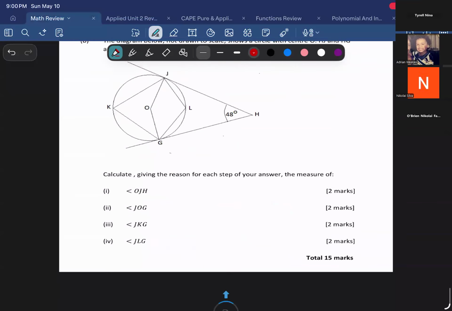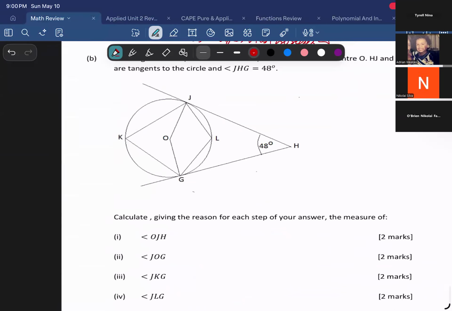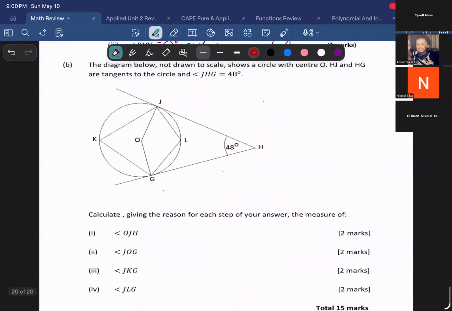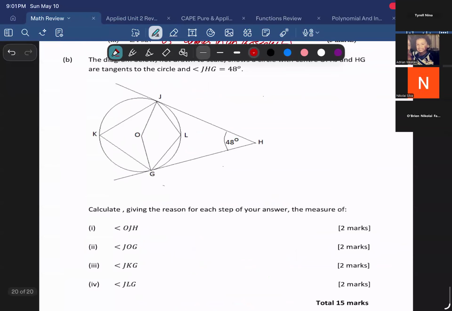So those who are looking to do applied maths in Form 6, that's also part of applied.